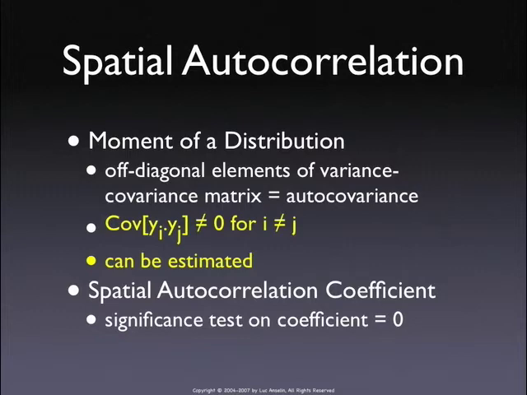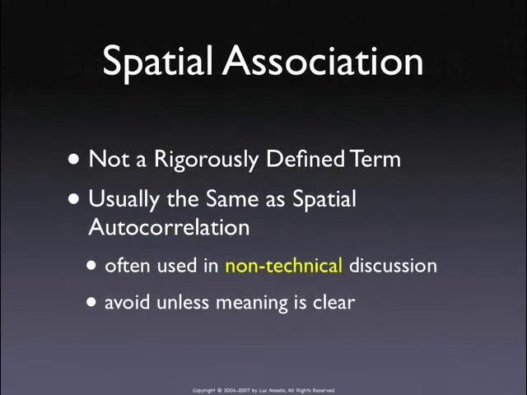So, big difference between spatial dependence and spatial autocorrelation. Spatial dependence is conceptual. Spatial autocorrelation is something that you can actually see. You can estimate. It's an operational measure. Then spatial association is basically whatever you want it to be. It's usually the same as spatial autocorrelation, but it can also be used to refer to spatial dependence in a more general sense.